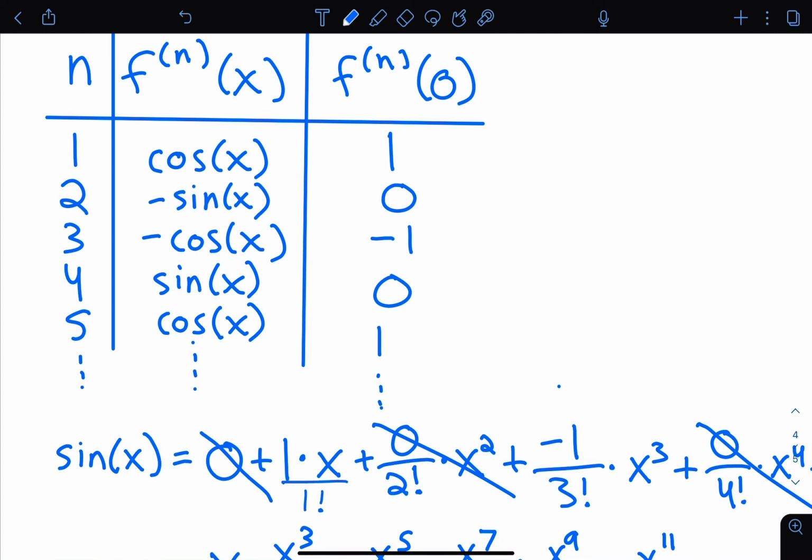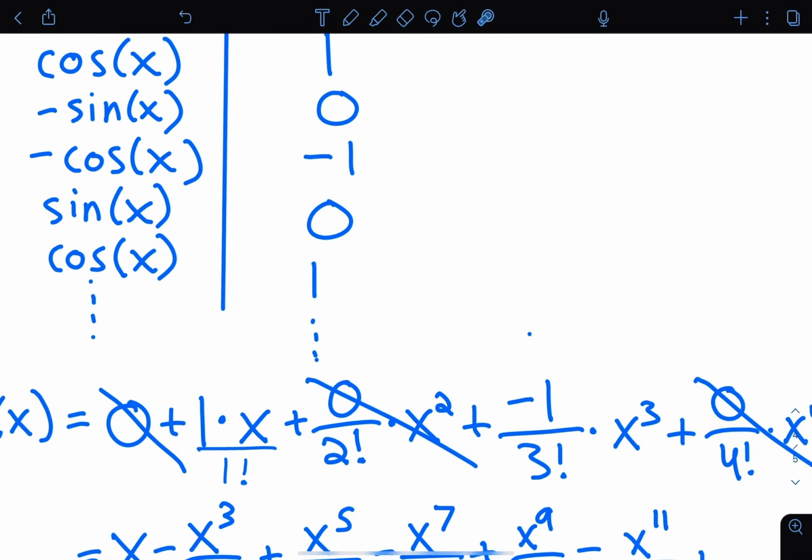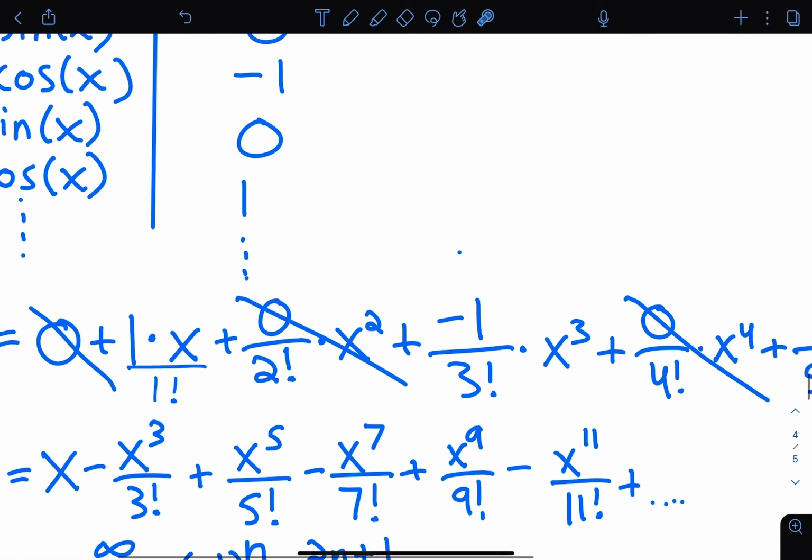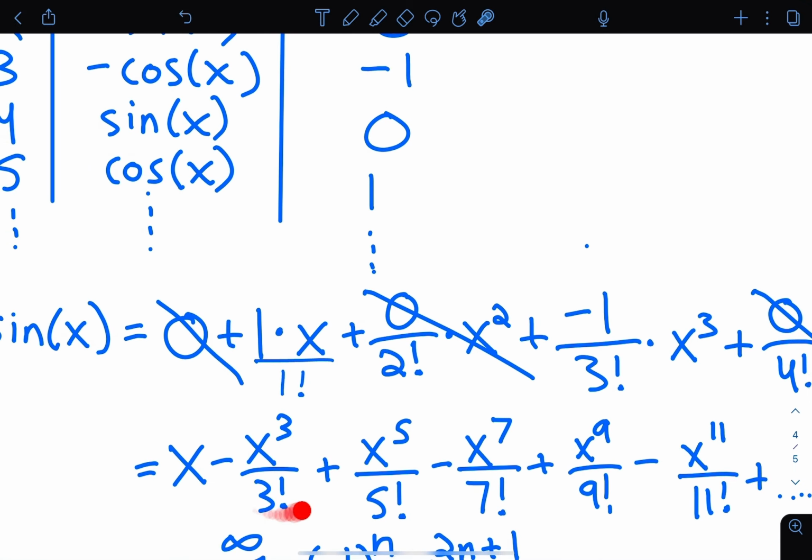All right, but then from there, every even term, when n is even, I'm always going to get 0 for the derivative. So the x squared term goes away. The x to the fourth term goes away. And so what I'm left with for sine of x is all of the odd terms, starting with x.